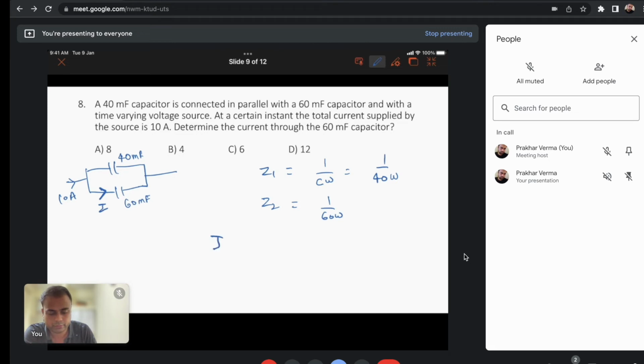So again, I for 60 will be taking this value Z1 upon sum, 1 by 40 omega upon 1 by 40 omega plus 1 by 60 omega, and multiplied by the current, which is 10 amperes.